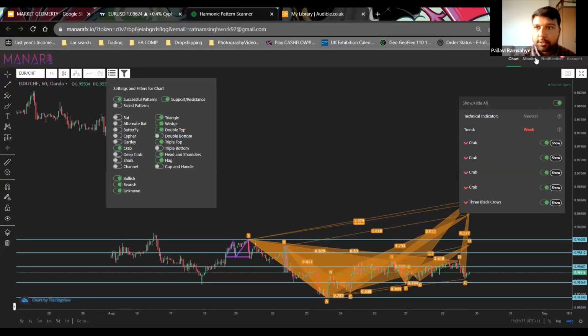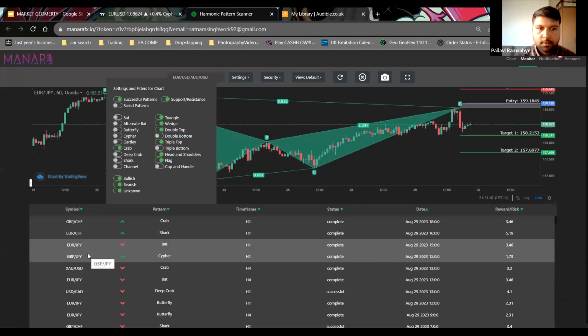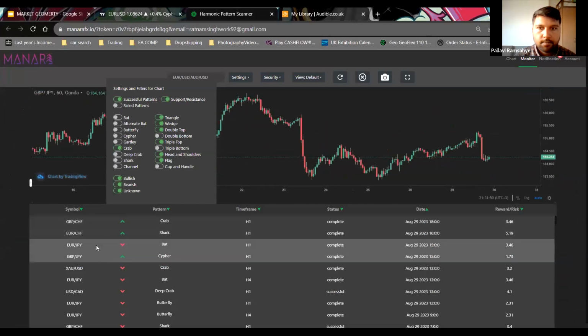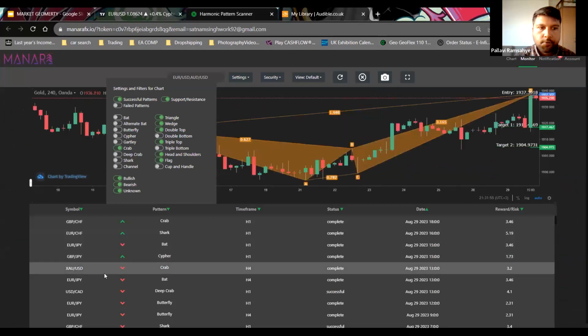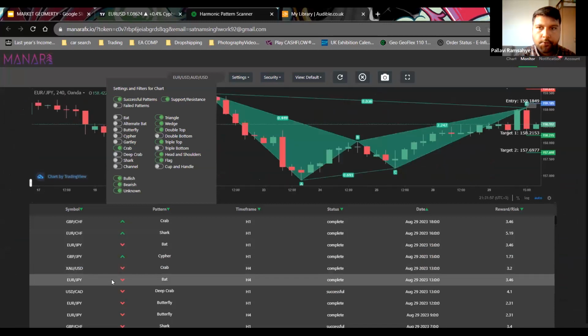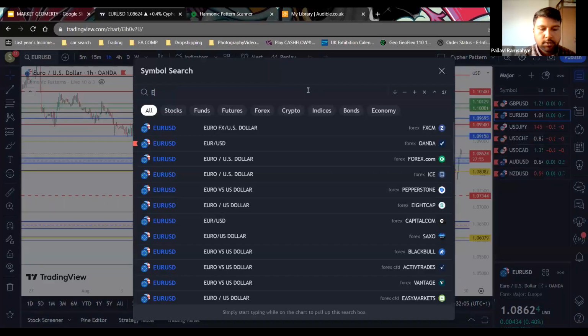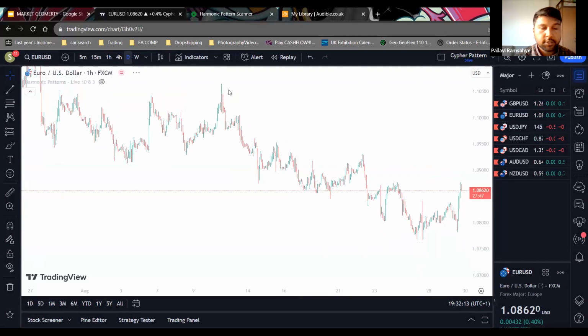Let's find another pattern actually. What I'm going to do, just for time's sake, is use a plain chart, just any chart, and place the Fibonacci retracement tool.